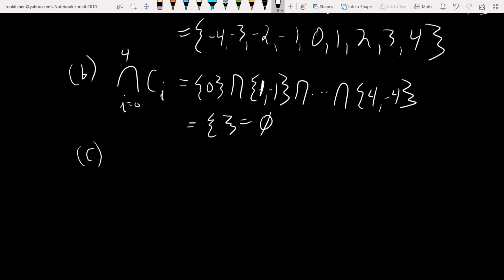So it's not just that all the sets have nothing in common, but if you were to extract any two different sets in this sequence and take their intersection, there's nothing in common there. The question in the book is, are the sets mutually disjoint?